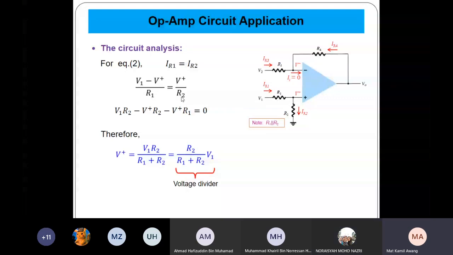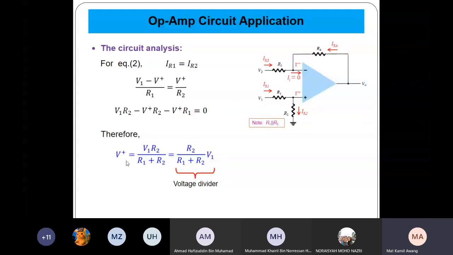So you get V1 R2 minus V plus R2 minus V plus R1 equal to 0. So what is V plus? Rearrange this equation. You take out V plus, so V plus times (R1 plus R2) is equal to V1 R2.